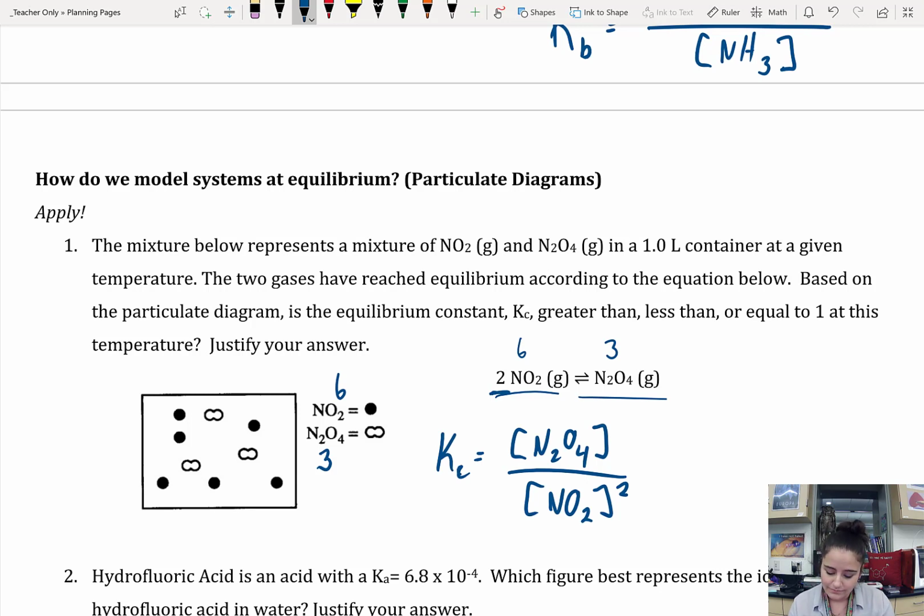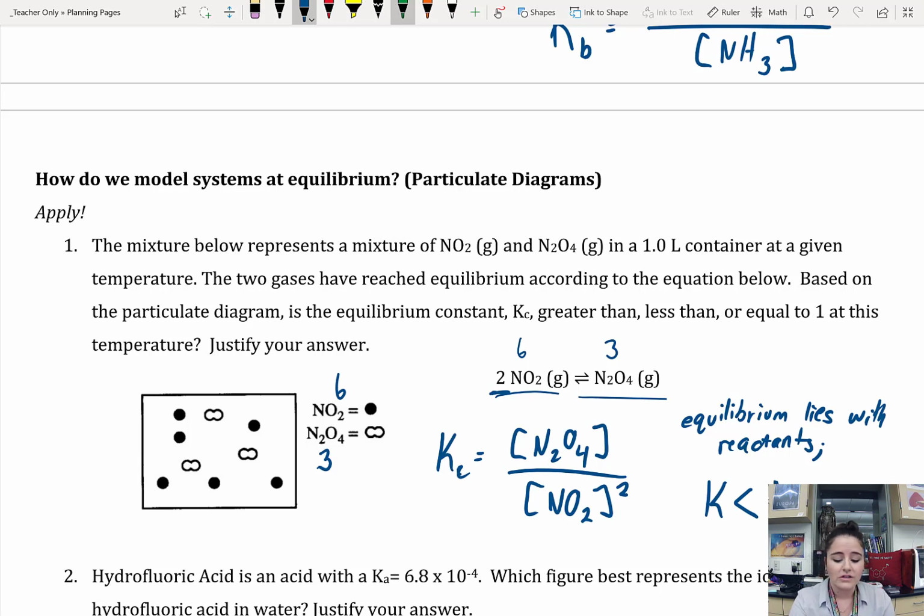Well, we have more reactants. So the equilibrium lies with the reactants. It is reactant favored, which means that K will be less than 1.